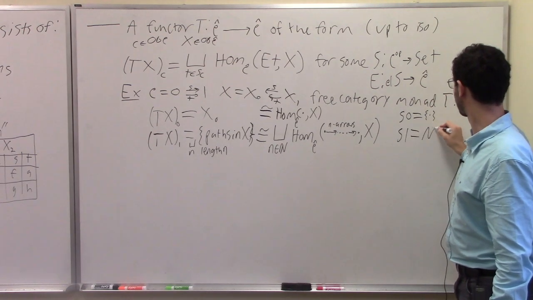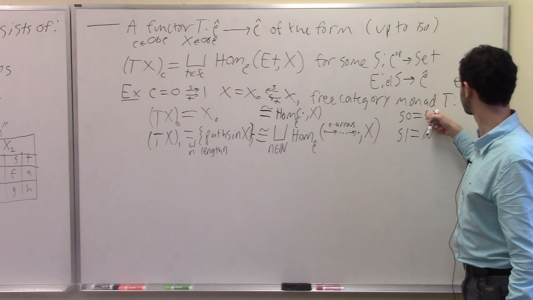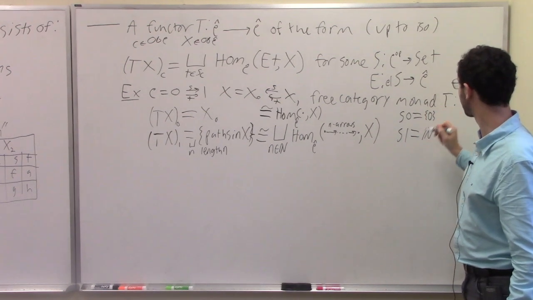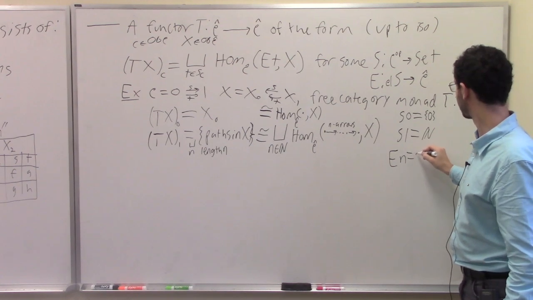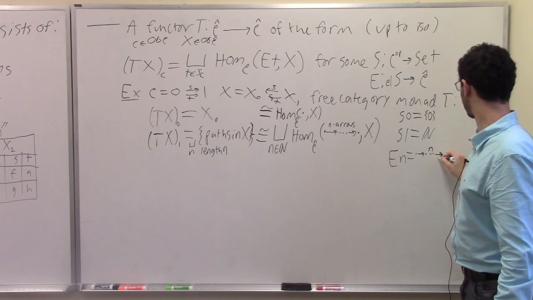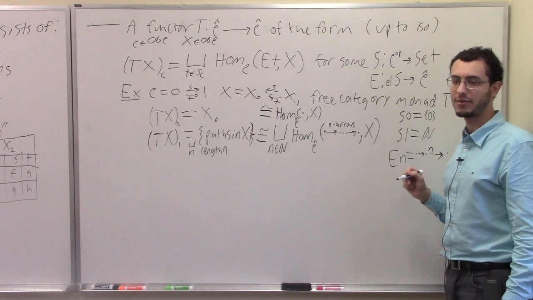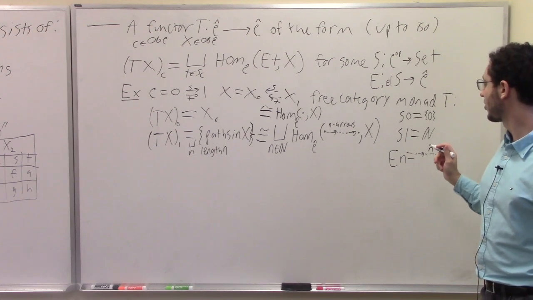S1 is the natural numbers. So I'm actually going to rewrite this operation as 0. So then we can say all at once that En is this length n path. And when n equals 0, that's just a point. These are all the operations that go into the theory of categories.